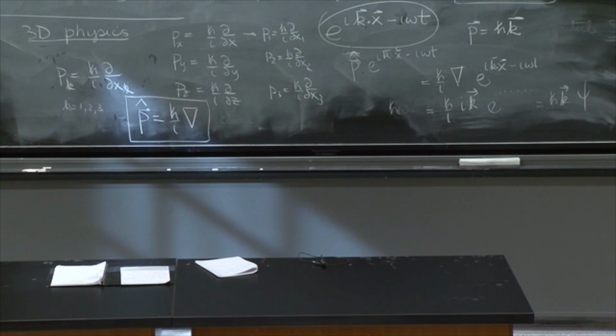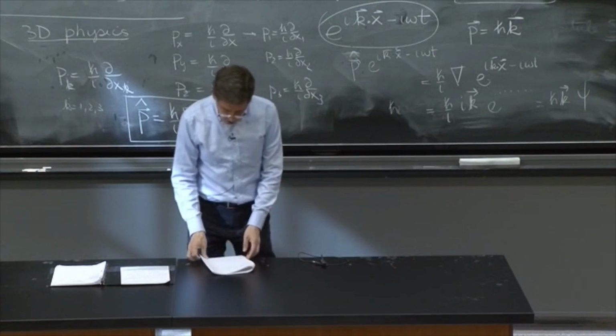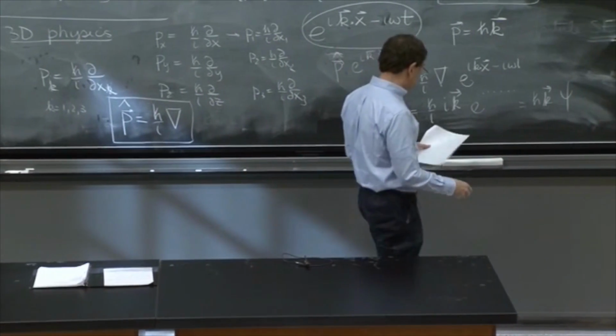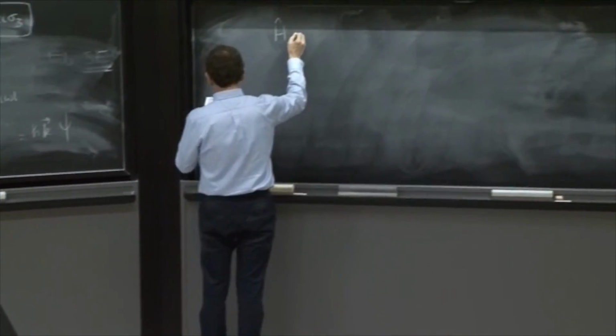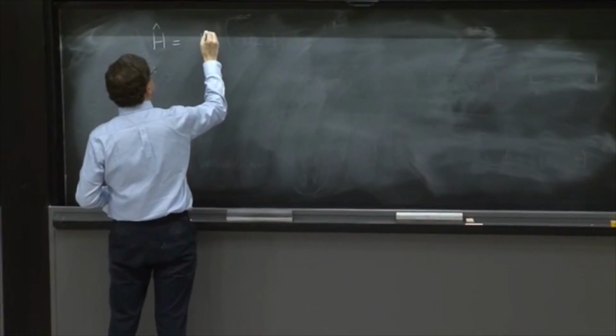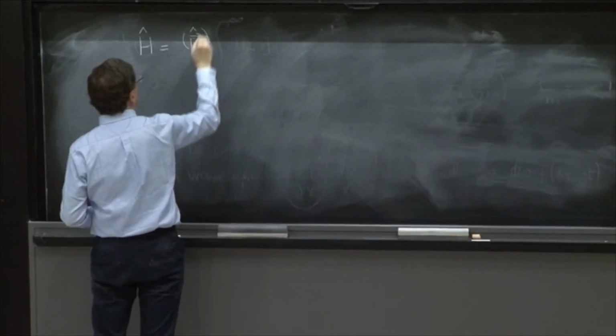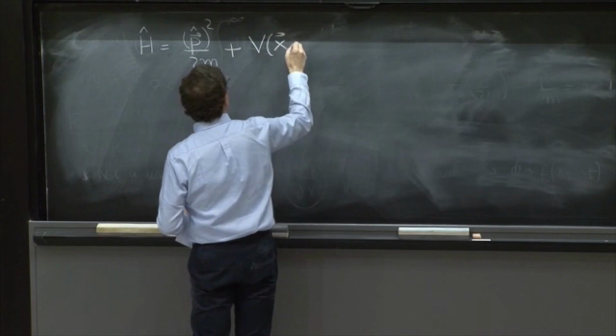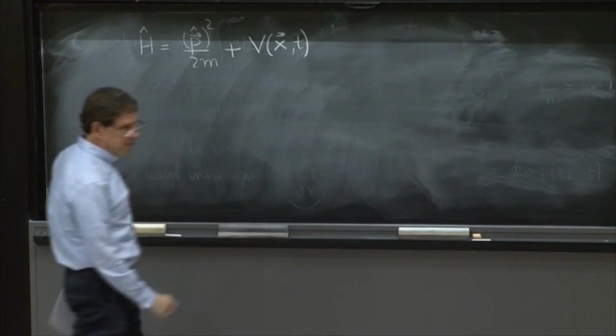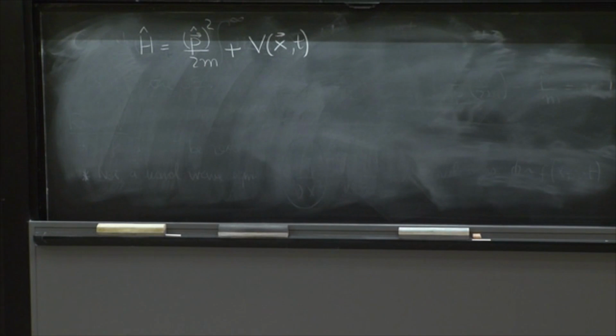So what about the Schrödinger equation and the rest of these things? Well, it's not too complicated. We'll say one more thing. The energy operator, or the Hamiltonian, will be equal to p vector hat squared over 2m plus a potential that depends on all the coordinates x and t. The three coordinates.